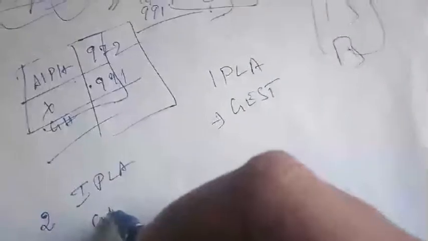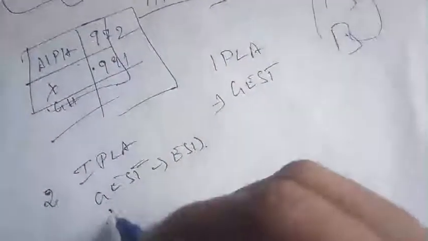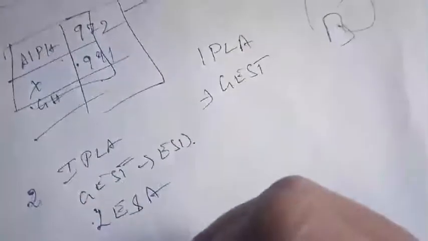In pass 1 we use IPLA and GEST is created or built. In pass 2 we use the same IPLA, and we use GEST also. GEST is in the ESD card, right? One more we use, that is the LESA, the local external symbol array.